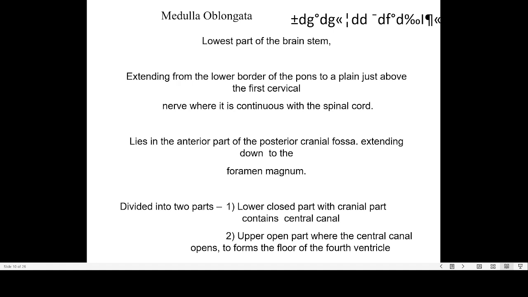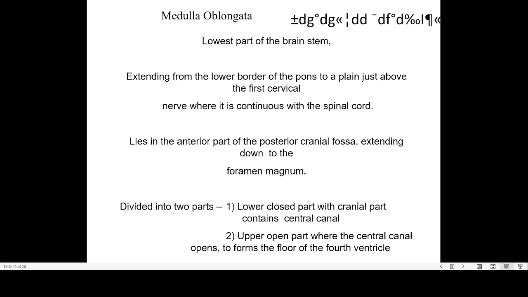The medulla continues as the spinal cord from the foramen magnum level, and lies in the anterior part of the posterior cranial fossa, extending down to the foramen magnum, the opening in the occipital bone. Through that it continues and becomes the spinal cord.